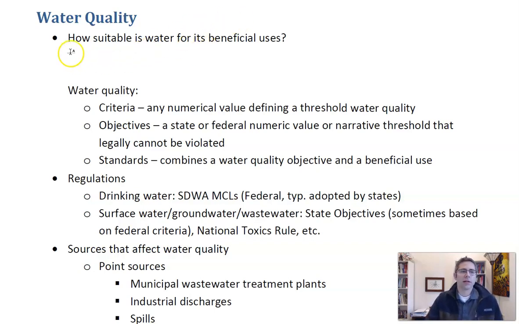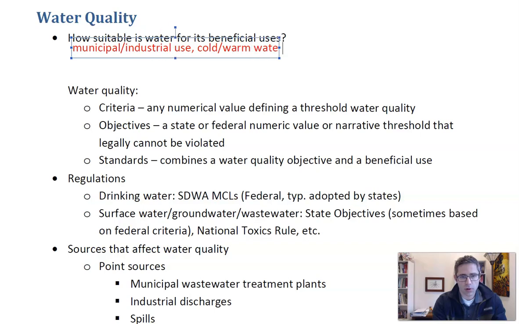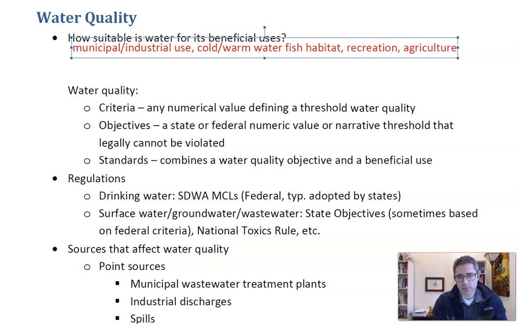And the way I summarize what water quality is all about is how suitable is water for its beneficial uses. So beneficial uses are defined in the Clean Water Act, and they can include things like municipal and industrial use, things like cold or warm water fish habitat, recreation like swimming or fishing, and agriculture.